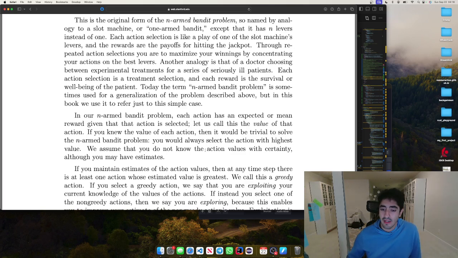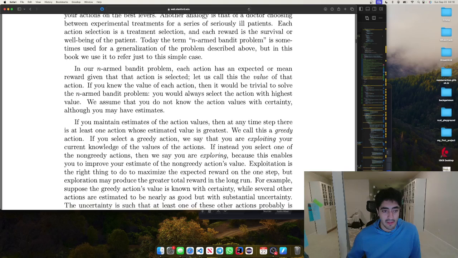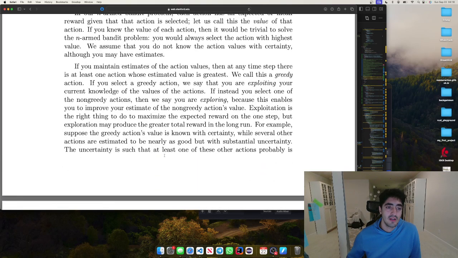the action values with certainty, although you may have estimates. If you maintain estimates of the action values, then at any time step there is at least one action whose estimated value is greatest. We call this a greedy action. If you select a greedy action, we say that you are exploiting your current knowledge of the values of the actions.